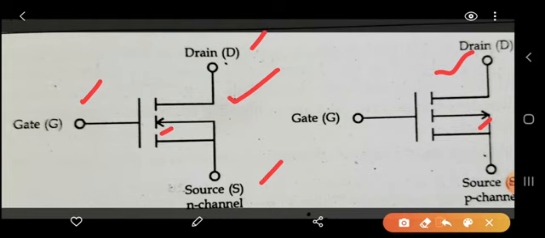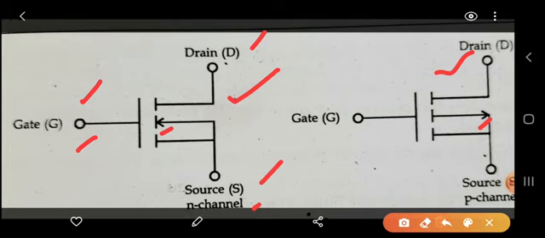These are the simple symbol diagrams. Now, what can we do when voltage is applied between the gate and source to turn on the MOSFET? Between these two terminals we apply voltage to turn on the MOSFET. These two terminals control the flow of current from drain to source.